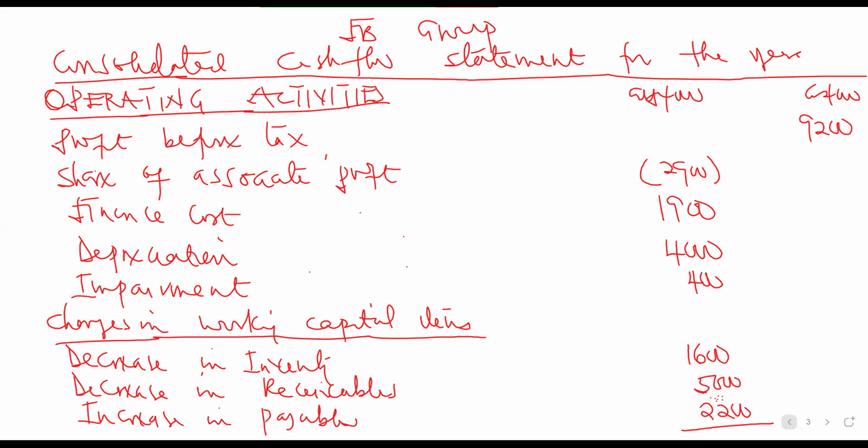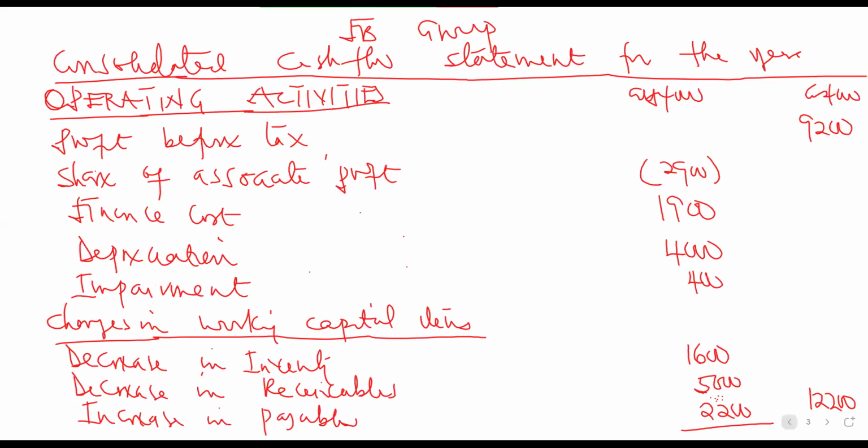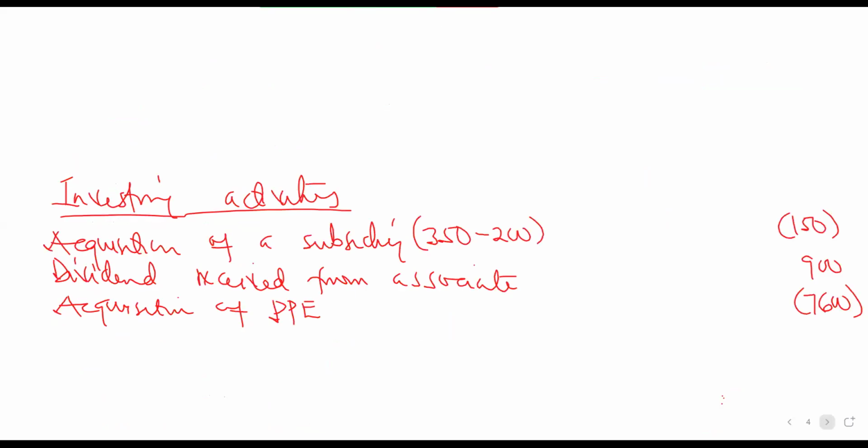I'm getting 12,200. Is that correct? All of these adjustments. Okay. So plus 9,200, what are we having? 21,400.